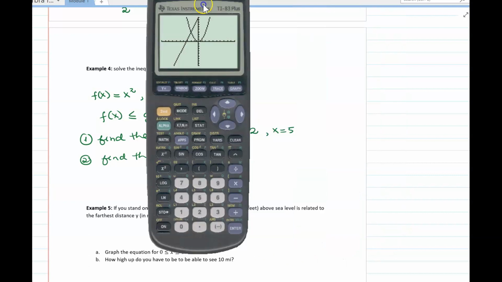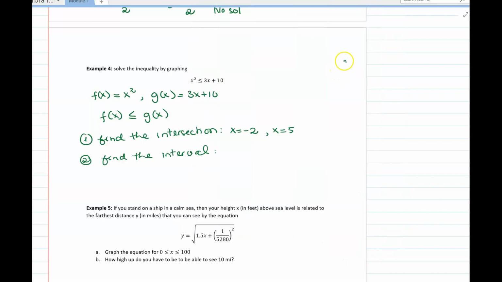Okay, so let's recreate this graph a little. So we have something that looks kind of like this. And the intersections are here, x equal to -2 and 5. And this is not to scale. We're looking at the portion where x squared is less than 3x plus 10, the section where the parabola falls beneath the line. So this portion.